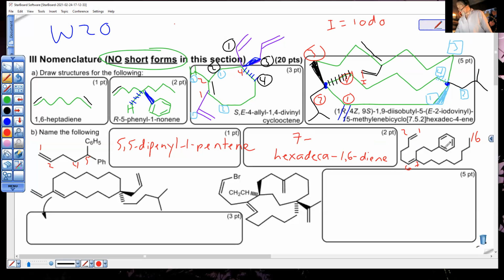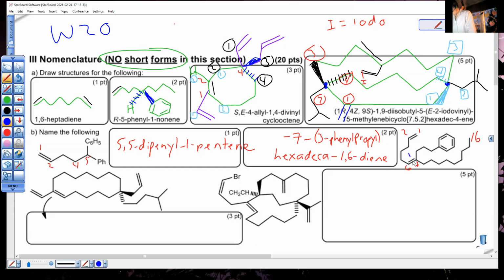A propyl that also has a phenyl. A propyl group is what's attached. So you end the name with what's attached to the chain and tell me there's a phenyl on the 3rd carbon.